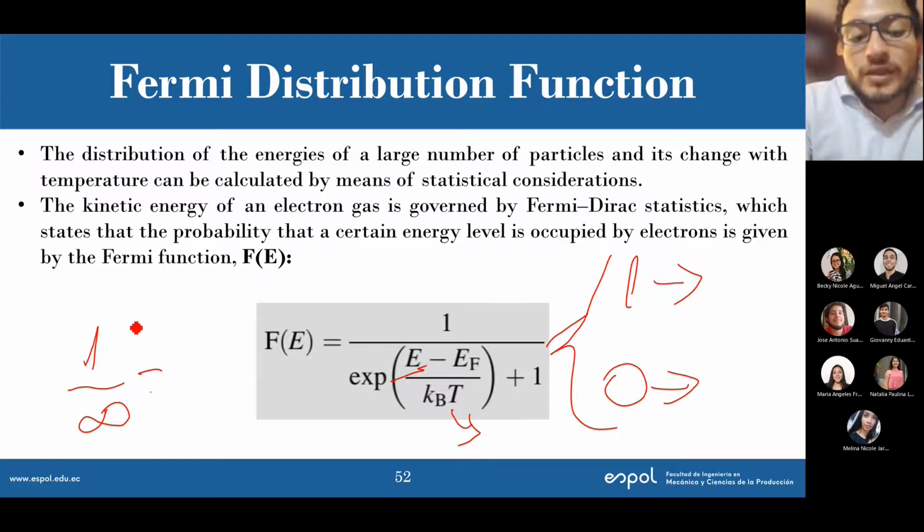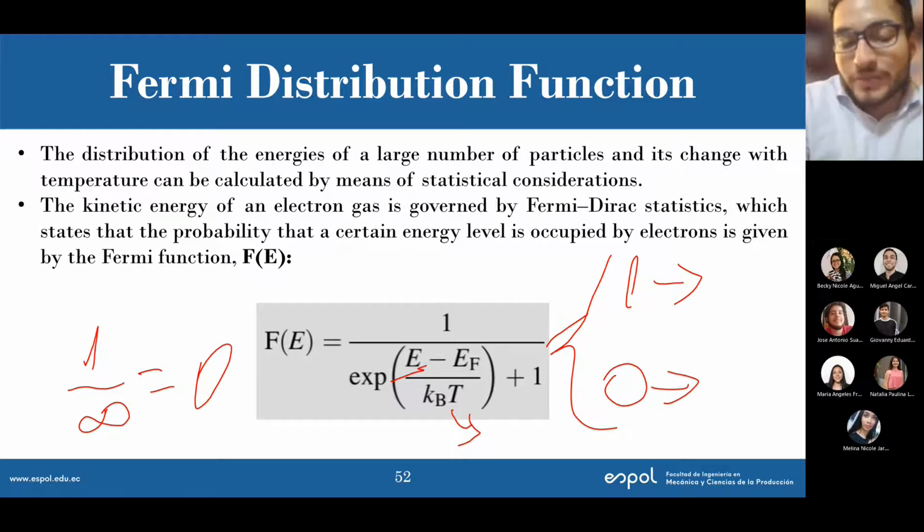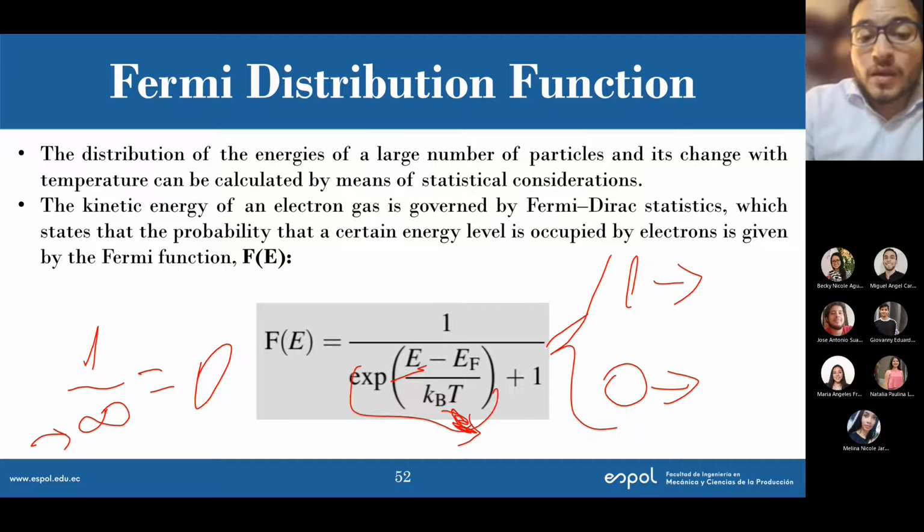And 1 over infinity is basically 0. I know we're not mathematicians, and you may say, but if that's infinity then it's undefined. Yes, I know, but the idea is if T is approaching 0, it's not 0, but this term is going to be huge, so big that 1 divided by that term is basically 0.